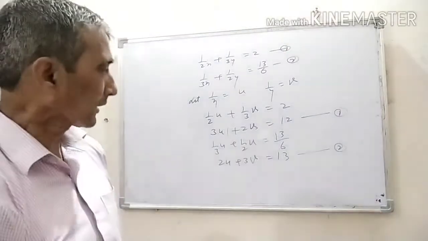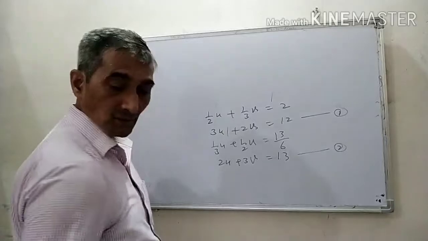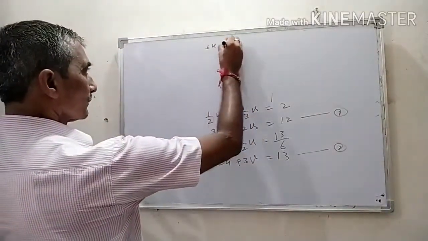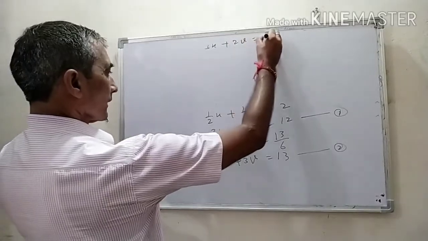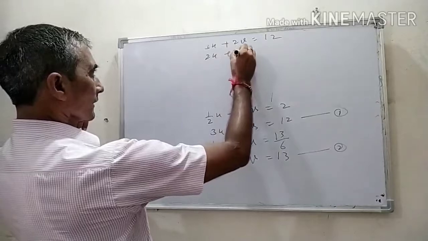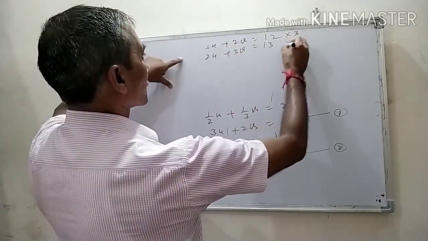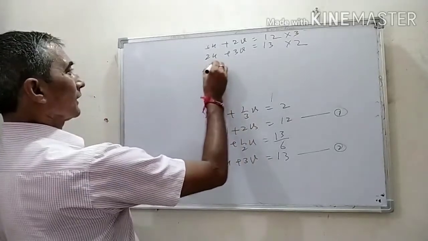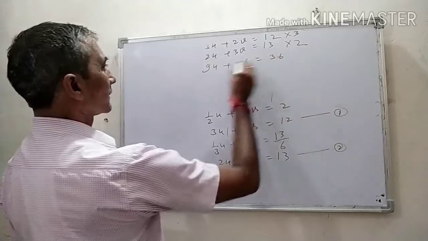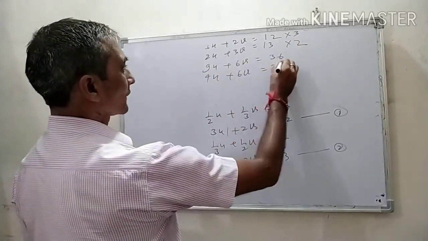Equation number 1 and 2: 3u plus 2v equal to 12, and 2u plus 3v equal to 13. Multiply by 3 and 2: 9u plus 6v equal to 36, and 4u plus 6v equal to 26.